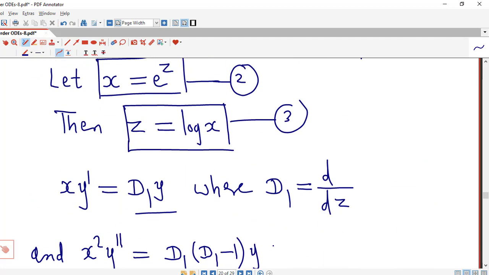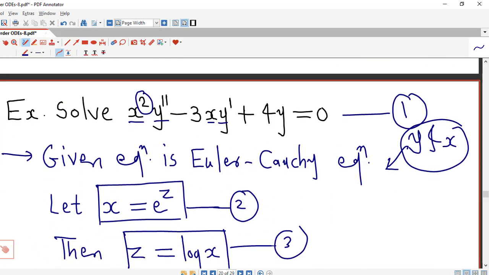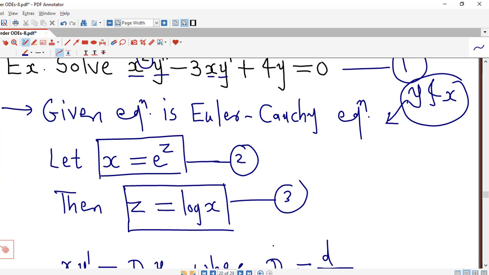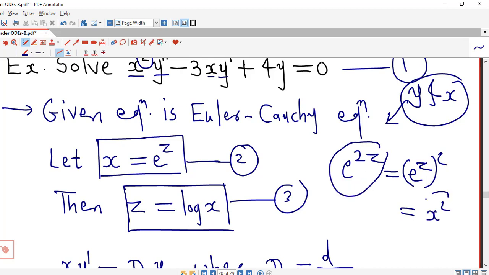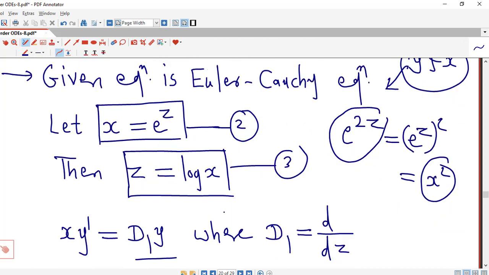Now our equation is in terms of x and y, so we can convert z in terms of x by using equations 2 and 3. From equation 2 we can write e raised to 2z equal to (e raised to z) squared, and e raised to z is x, so we can replace e raised to 2z by x² and z by log x.